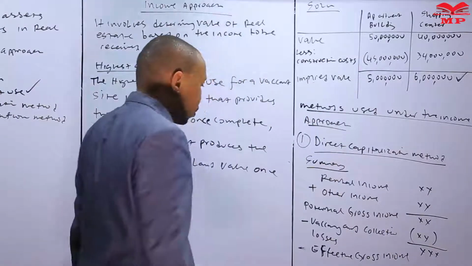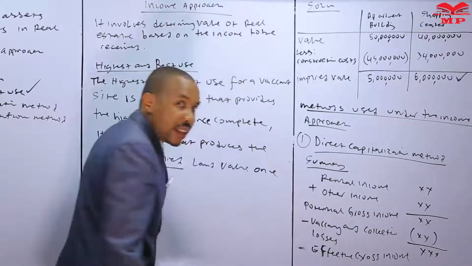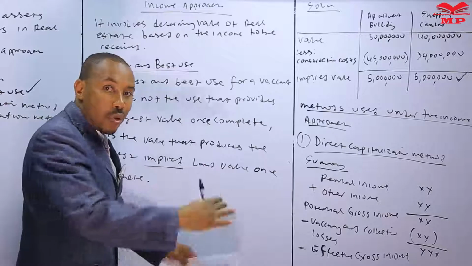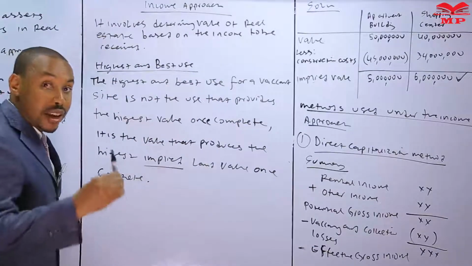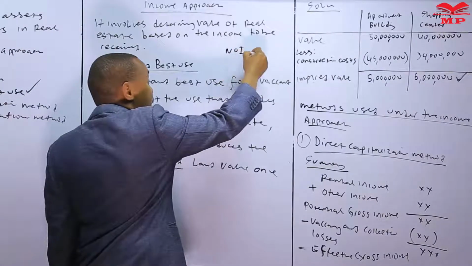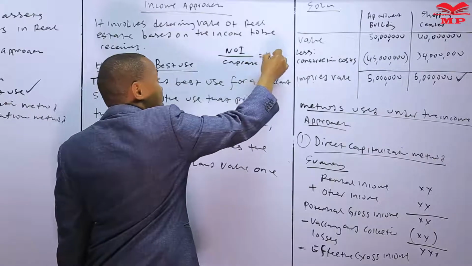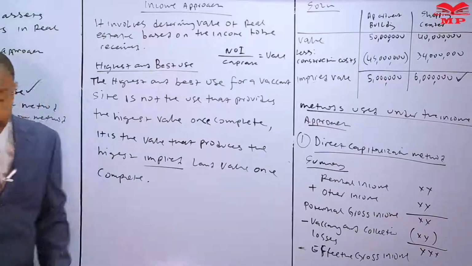Now, after we have the effective gross income, we need to less the expenses. Why are we lessing expenses? Because expenses represent an outflow of cash. So we need to less the expenses down here so that we can get the net operating income. Remember, the NOI, or net operating income, over cap rate will give us the value of the land there. That's what we need to remember.